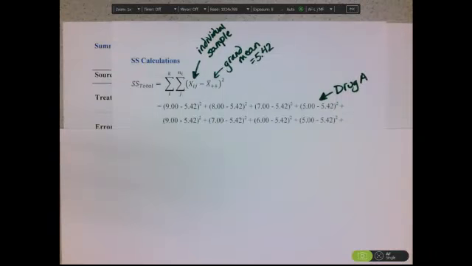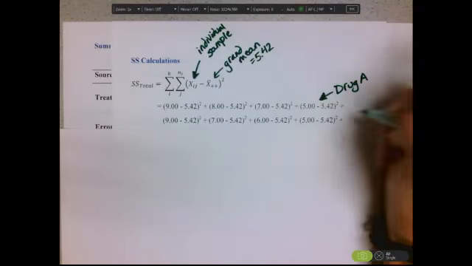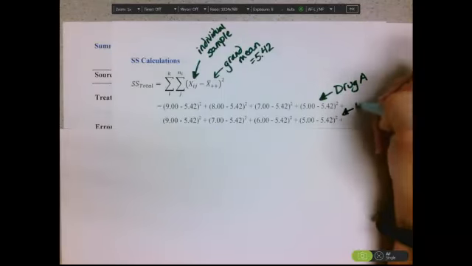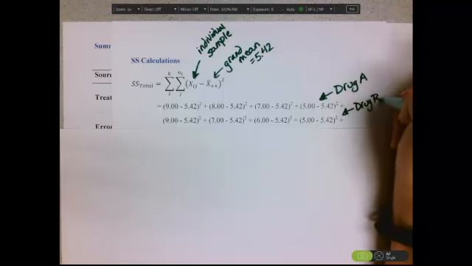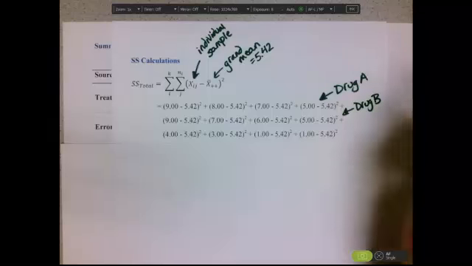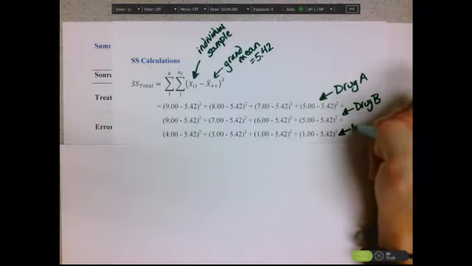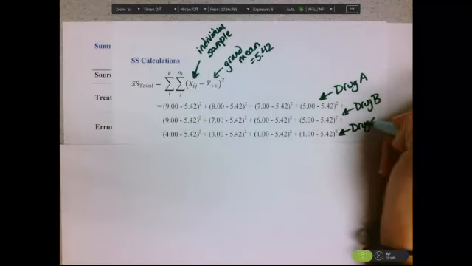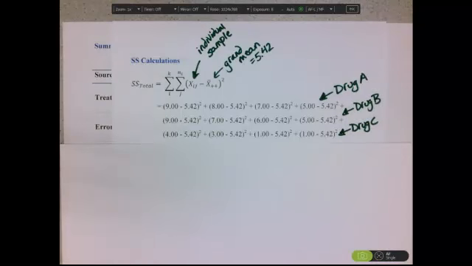We have to do this across all treatments and all individuals. So the second row represents drug B and each individual. You could go and look at that other table to see that there's a 9, 7, 6, and a 5. And then the third row represents drug C. So this is the sum of squares total, the total variation.